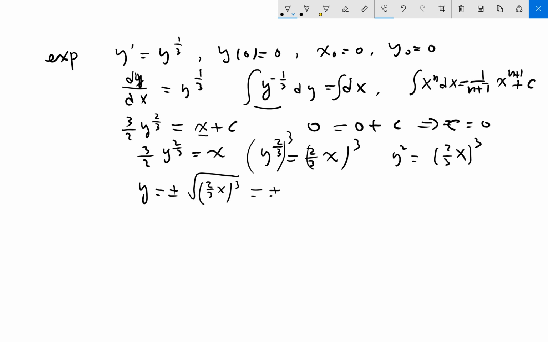That means we got a positive and negative 2/3 x to the 3/2. Okay. So what does that mean? That means we have two solutions. One is y equal to positive 2/3 x to the 3/2. Another is y equal to negative 2/3 x to the 3/2.